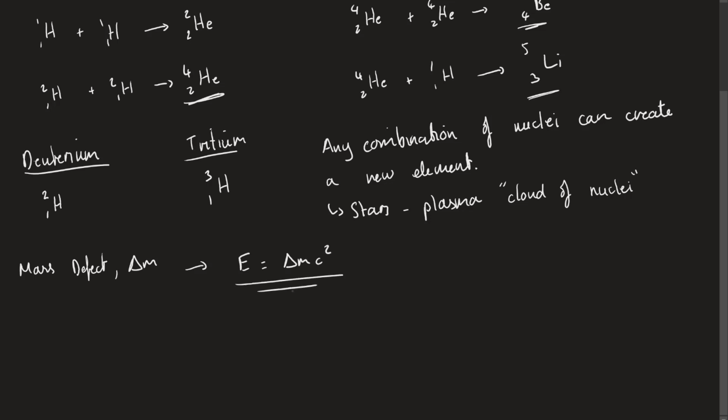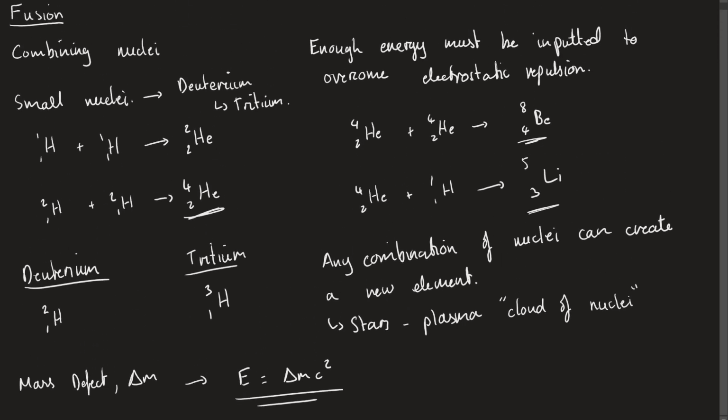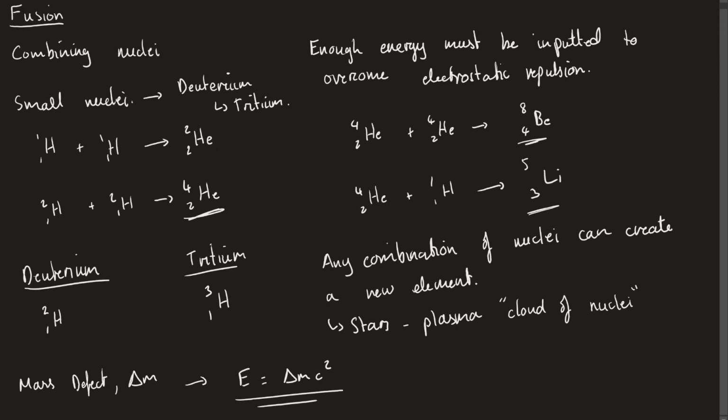And this is again equivalent to the amount of energy given out based on the binding energy, right? So we've changed the binding energy. After this, a helium nucleus or a beryllium nucleus or a lithium or whatever we're creating is going to have a different amount of energy needed in order to pull all of these things together. Because of that difference in energy, you've had some energy transfer and some energy is being released.